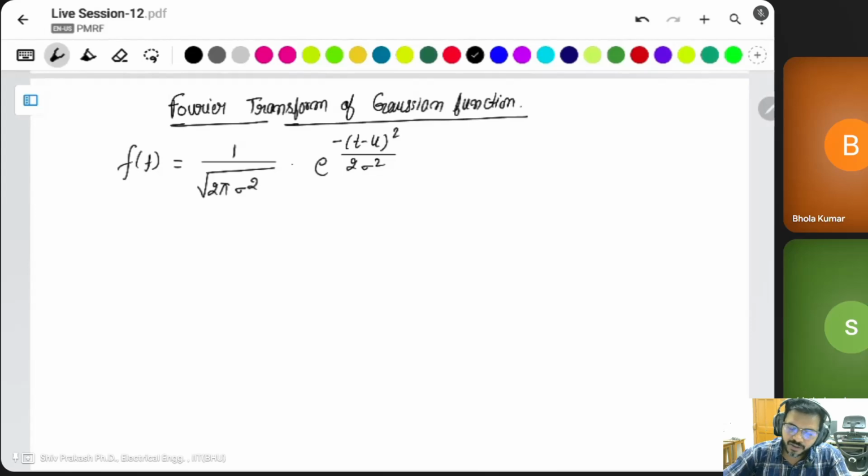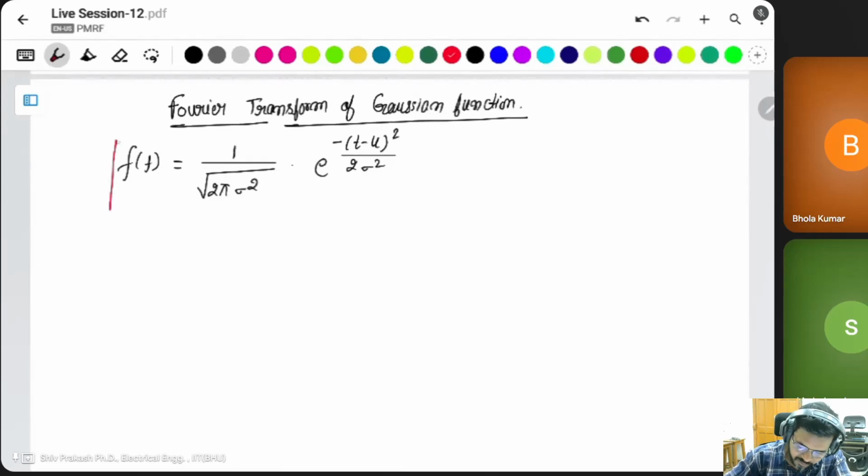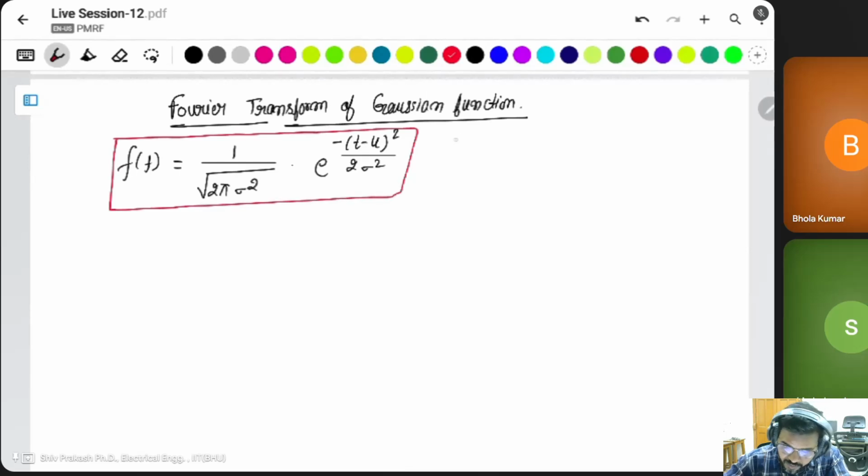This is known as the Gaussian function, where u is the mean of the Gaussian function and sigma square is the variance of the Gaussian.